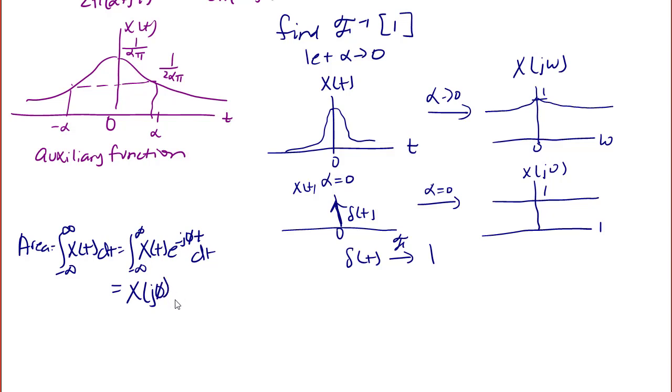And we know the Fourier transform because we were given that in the original problem statement, and at the origin it does have a value of 1, which means that the area under x(t) is 1. And as we said in the previous problem, this also represents the average value of x(t).